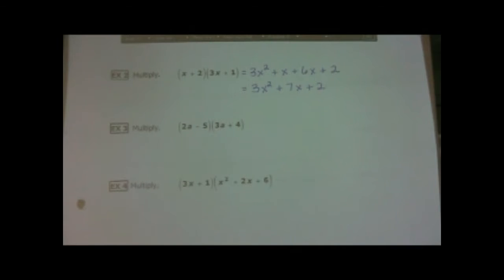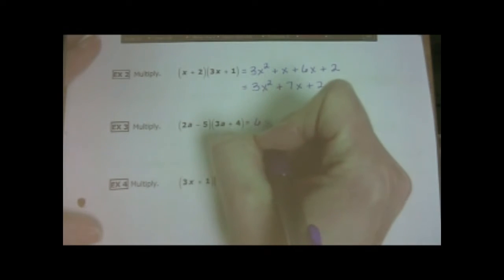The next example is also a binomial times a binomial. The only thing different here is that we've got a minus sign involved. When you're doing your multiplying, just carry your minuses with you, and that'll determine the sign of that particular term. So first, 2a times 3a is 6a squared.